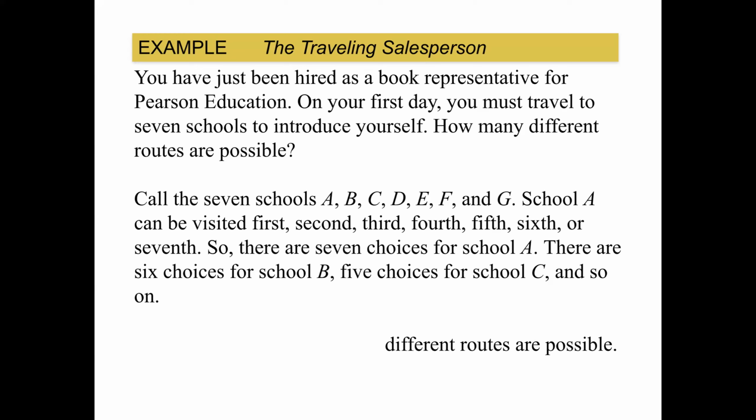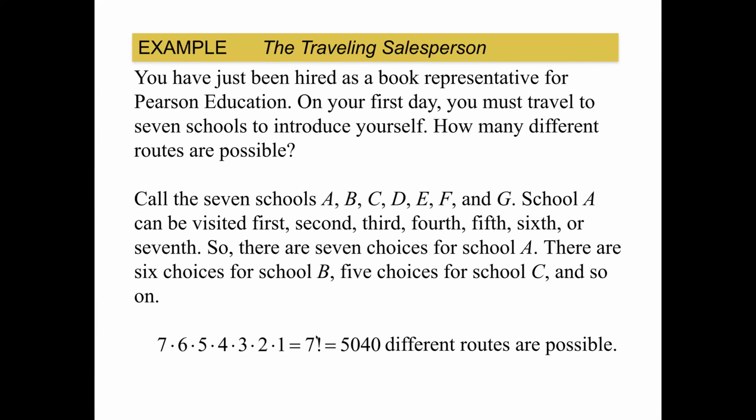And since you have to visit all 7, unlike the committee example, where you had to just choose 3 officers, in this case, you have to visit all the campuses. So you would go all the way down to the last campus in that day. So this is what it would look like. It would look like 7 campuses, first choice, 6 campuses, second choice, 5 the next, 4, 3, 2, 1.